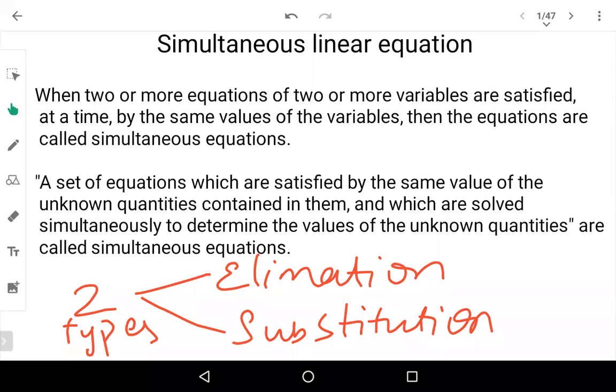Fine. So we have two types, method of elimination and method of substitution. Firstly, did you understand the concept of simultaneous linear equation? Okay, good.